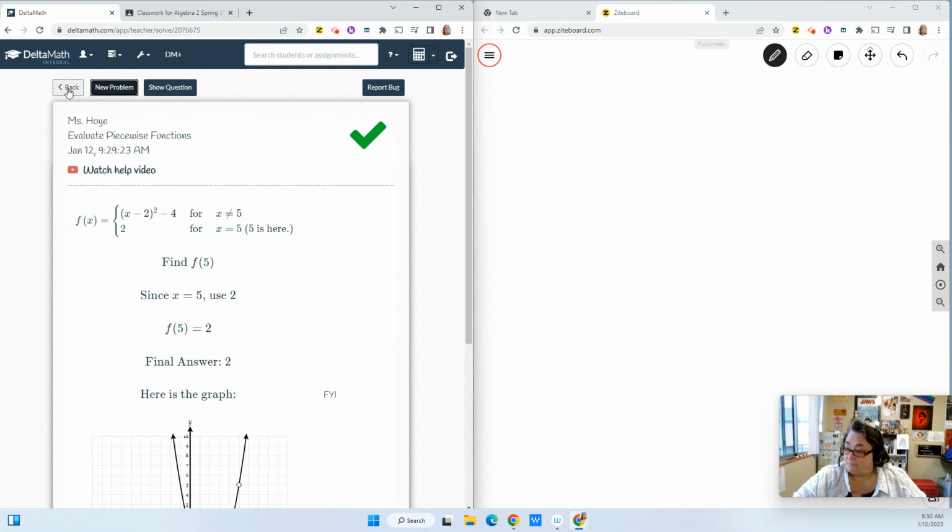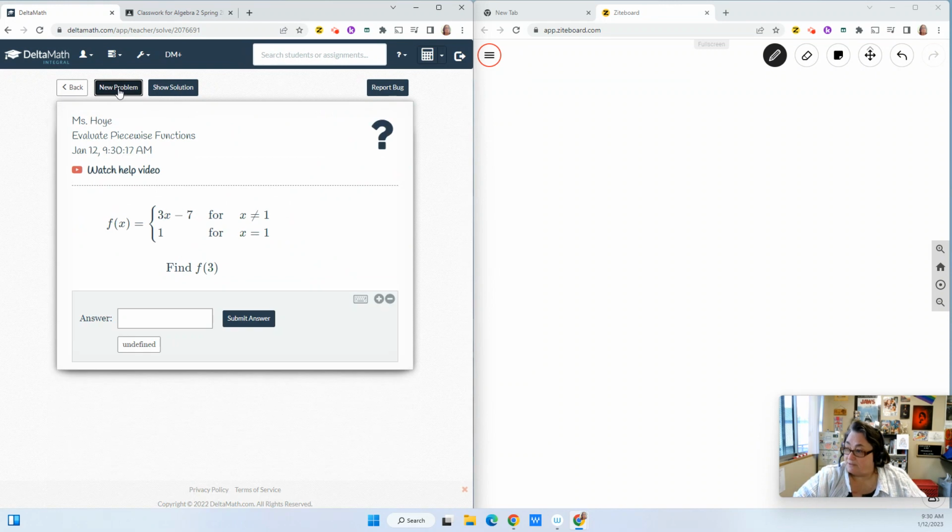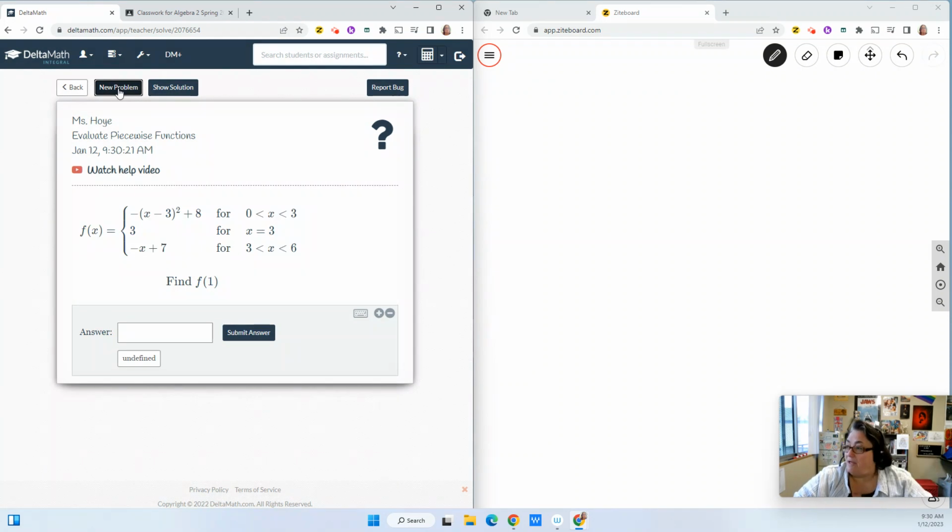So let's see, all these are kind of similar. There's nothing all that big in there. This one, we're looking for f of 1. So we have to look at our parameters. Is 1 between 0 and 3? Yes. So we would use this equation where we would plug that 1 in, right? So in this case, we would take minus x, but x is just 1, minus 3 squared plus 8.